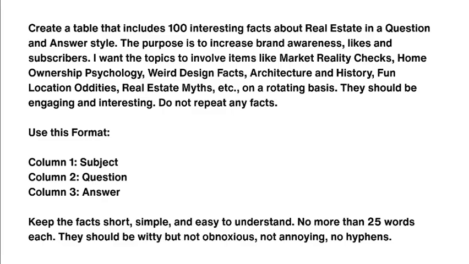So let's talk about this for a quick second. What I'm asking the AI to do is create a table that includes 100 interesting facts about real estate in a question and answer style.